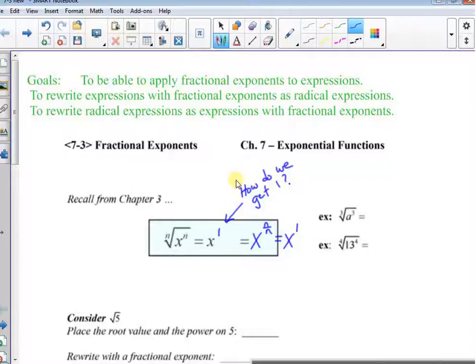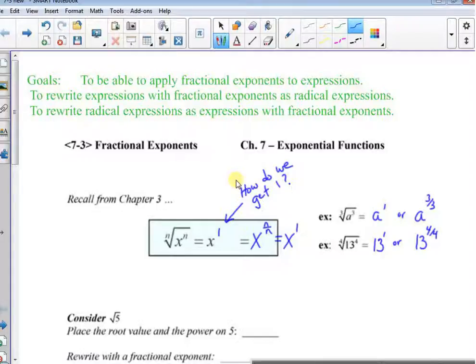So the cubed root of a to the third is equal to a to the first, or a to the 3 over 3. The fourth root of 13 to the fourth we know is equal to 13 to the first, or 13 to the 4 divided by 4.